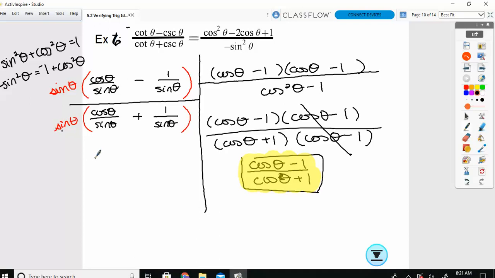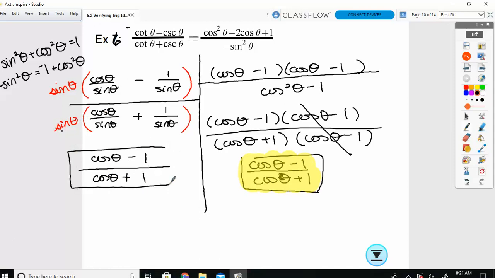So sine theta times cosine over sine would just be cosine theta, minus sine theta times 1 over sine theta, which is 1, over cosine theta plus 1. And that matches what we got on the other side.